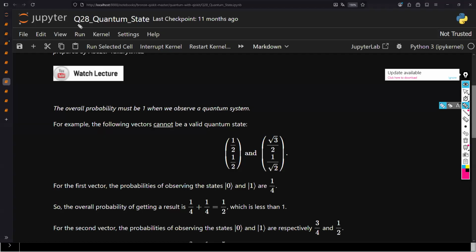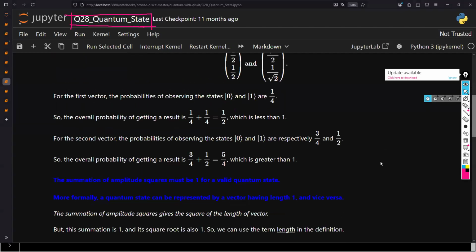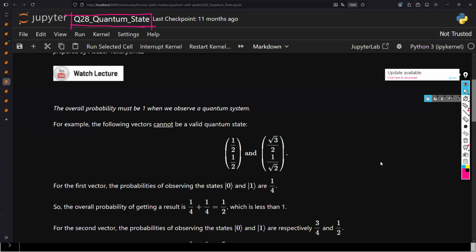So here in the Q28 notebook, we have a slight expansion on the idea of a quantum state. What we have is an expansion on what can be a quantum state and what cannot be a quantum state.